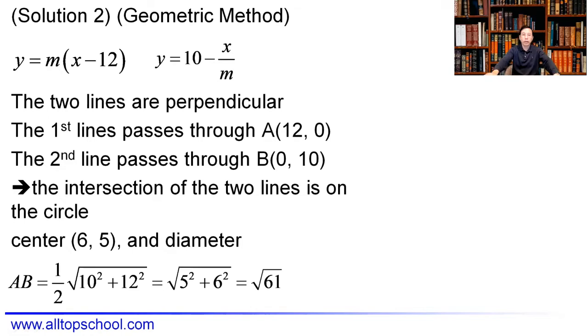You can see why they are on the circle. You can obviously see the 2 points A and B from the equation, and also the two lines are perpendicular to each other. That's why the intersection point is located on a circle, because it's on the right triangle. The connection between A and B will be the diameter of the circle. Okay, and then from here we get the center of the circle and also the diameter length.